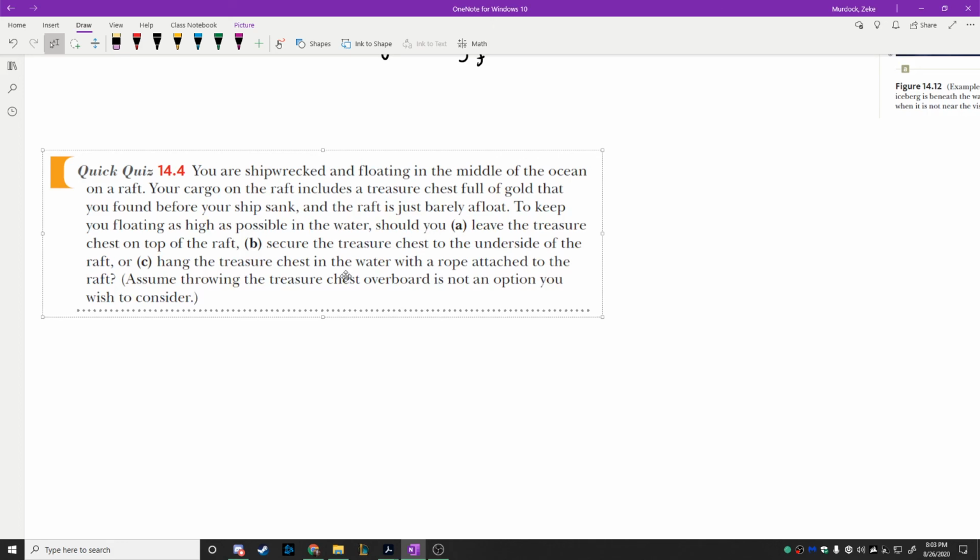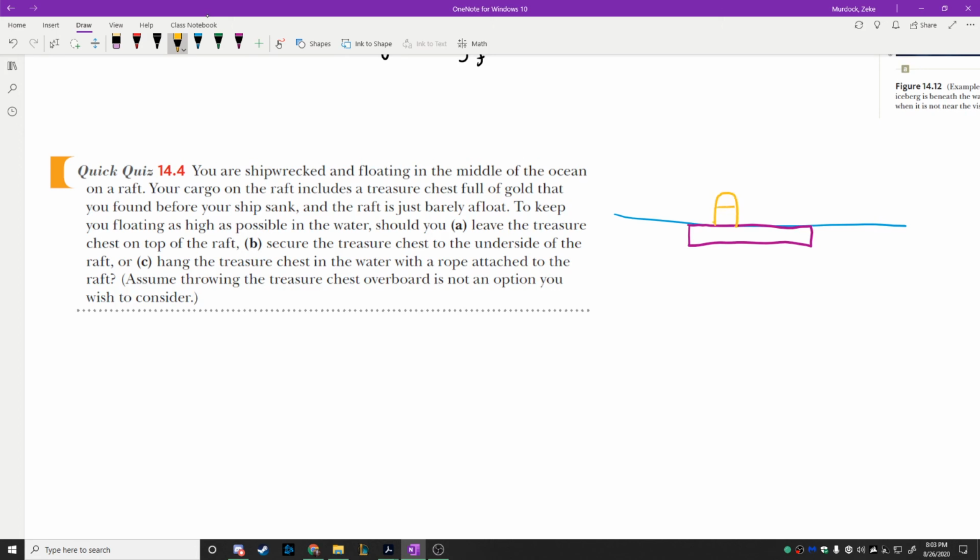Do you leave it on top of the raft? Now keep in mind that the raft is just barely afloat. Draw a picture. You've got your fluid, and then you've got your raft, but the raft is just barely skimming the surface of the fluid, and you've got this big treasure chest sitting on top of it.